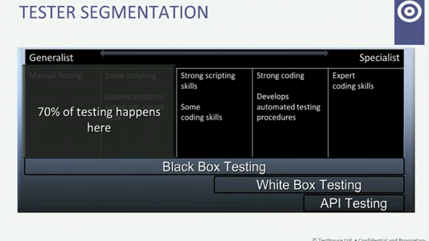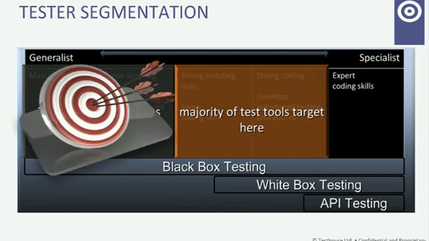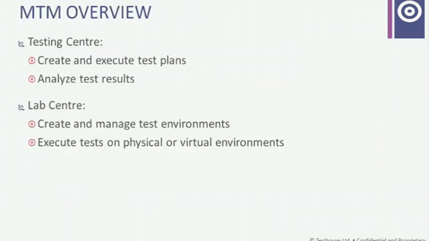Whereas on the right-hand side, you've got testing that needs more expert skills like automation and performance testing. Most of the tools targeting the right-hand side work for things like automation. And MTM really tries to address the gap in the market for tools to do with manual testing. So it's a good tool to organise your manual tests and to execute from, and for good communications between all of your team.